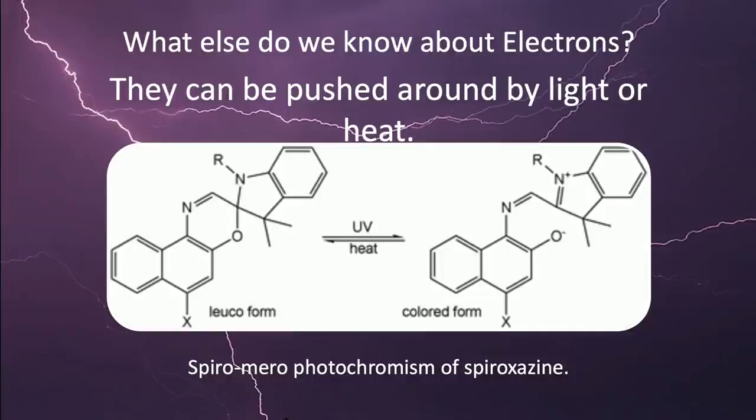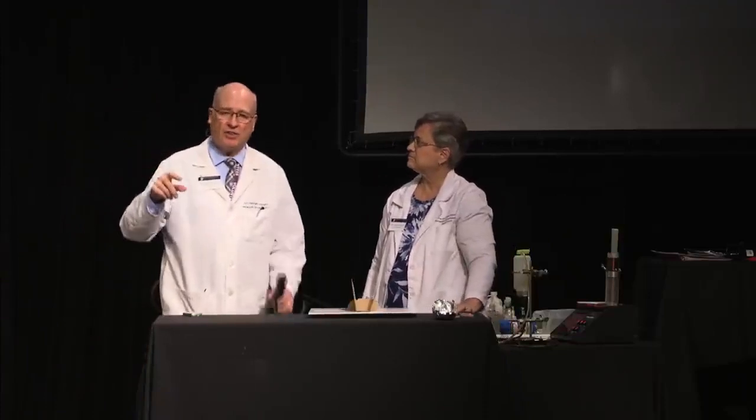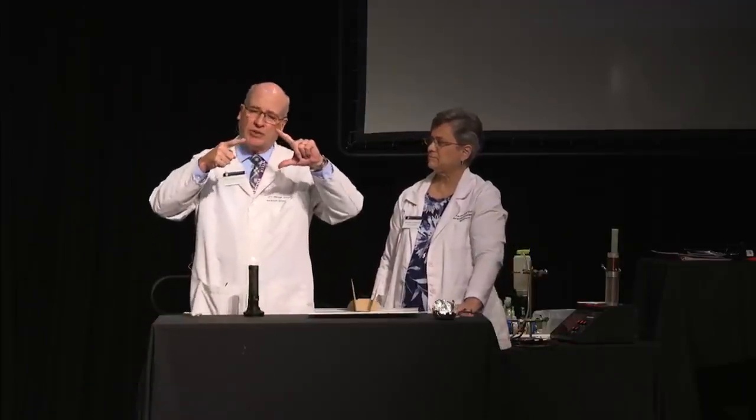So this is a spiroxazine, and so you can see where it comes apart there. That's actually 4 bonds there. Those of you who know something about chemistry, that's sp3 hybridized, so it's tetrahedral, like this. And then we shine UV light on it, breaks one of the bonds.